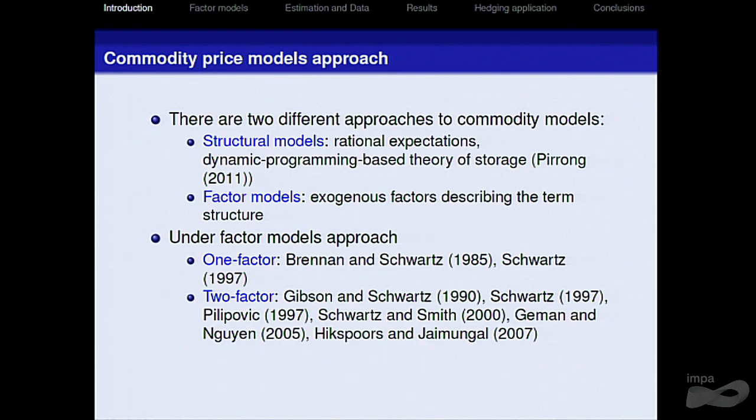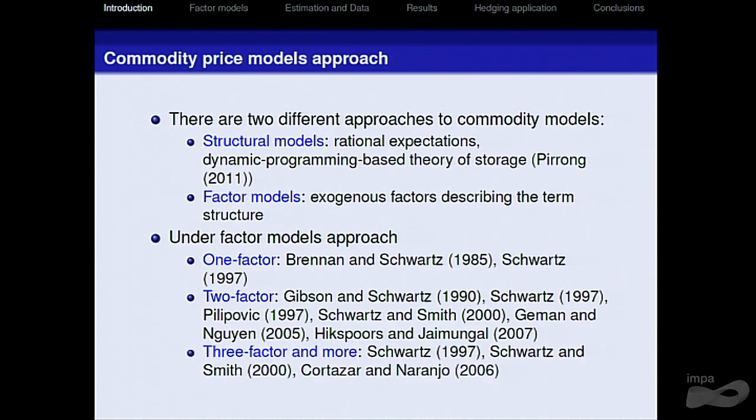And the work of Hexbro and Jaimungal is not only describing the term structures, but also pricing spread options on power derivatives. For three-factor models, we can mention Schwartz and Smith, also Cortázar and Naranjo, and many others, with factors describing this term structure.